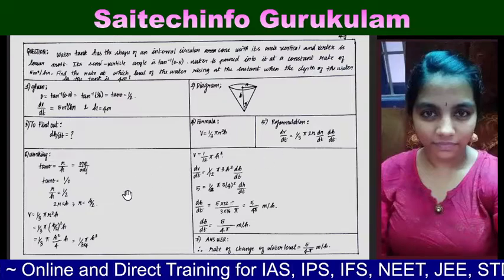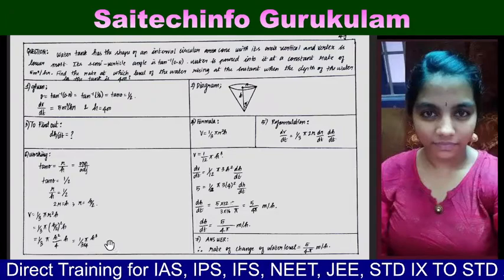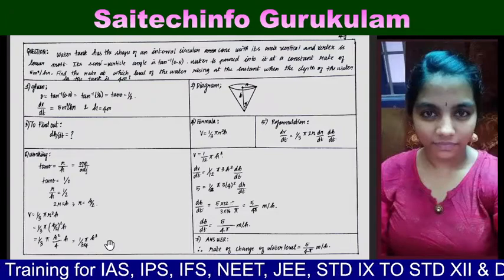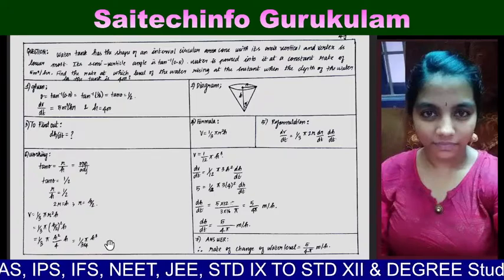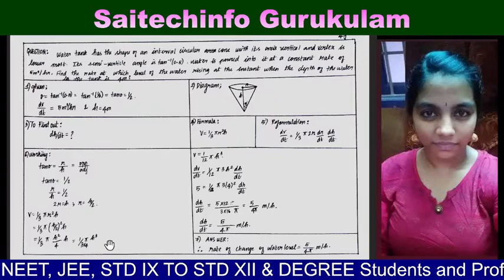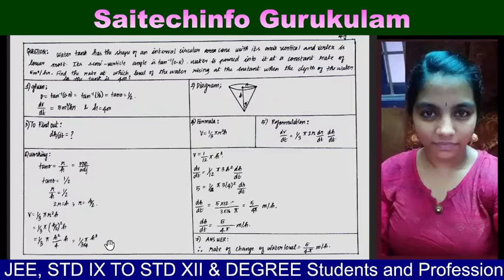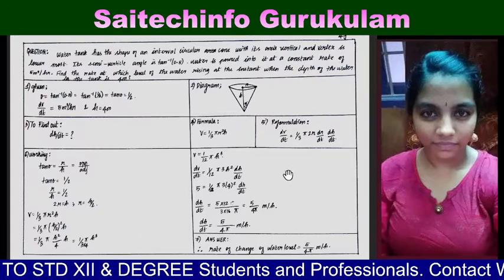We also know h value, h is equal to 4. So replacing h with 4, we get 1 by 12 pi into 3 into 4 the whole square dh by dt. We also know the value of dV by dt, which is given in the question, 5 meter cube per hour. So I am just substituting: 5 is equal to 1 by 12 pi 3 into 4 the whole square dh by dt.